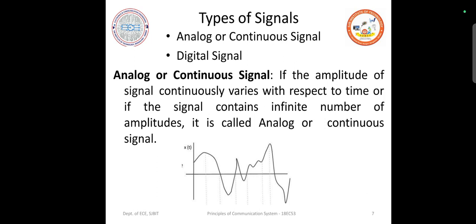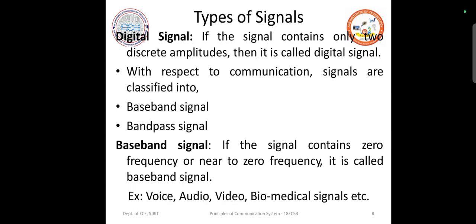If the amplitude of the signal continuously varies with respect to time or if the signal contains infinitely many number of amplitudes, it is called an analog or a continuous time as well as voltage signal. What is a digital signal? A digital signal is one wherein which contains only two discrete amplitudes, which could be a high or a low, or it could be in terms of TTL if I say +5 and 0 volts.